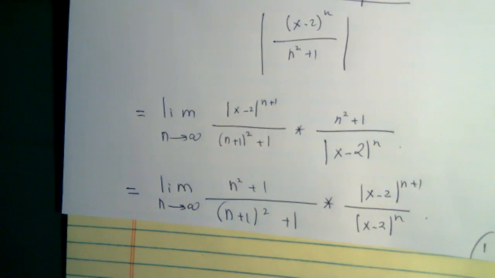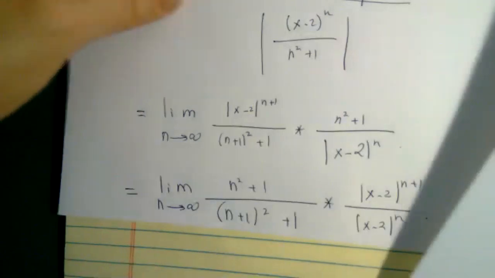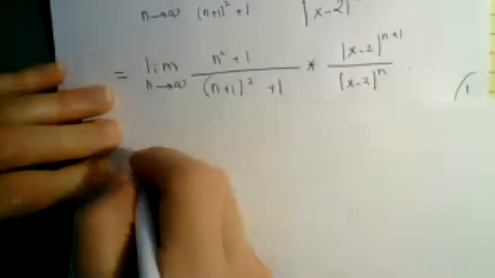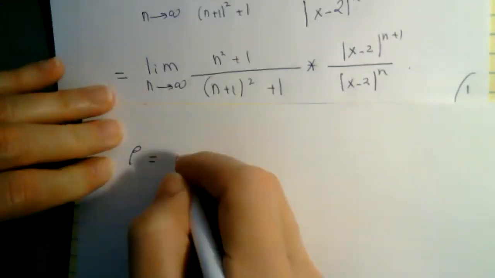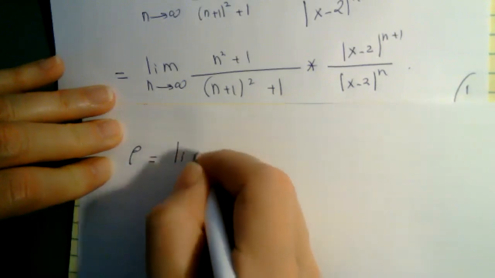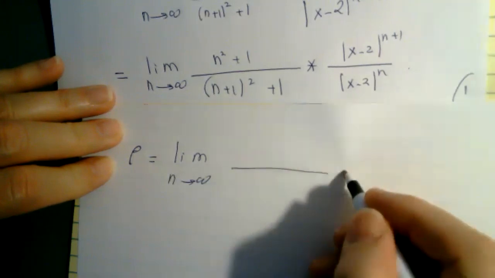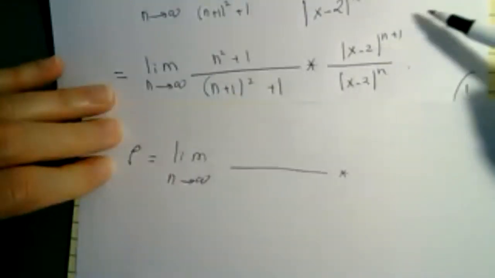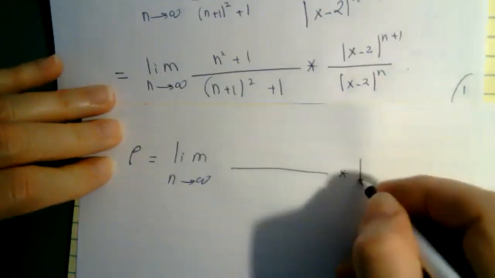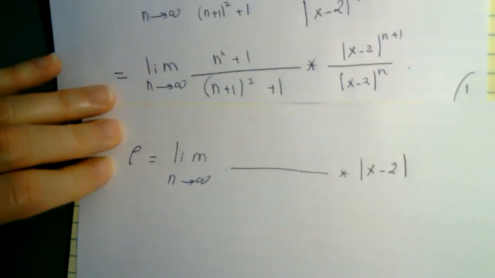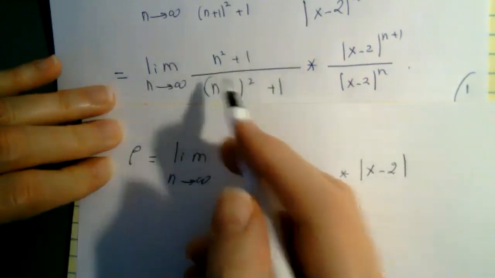Now this is a ratio that we need to compute, so I'm going to keep it in front of us and start computing it. The limit, I simplify as much as I can, times (x minus 2) to the n plus 1 over (x minus 2). This leaves me with the absolute value of x minus 2. What about the other piece?